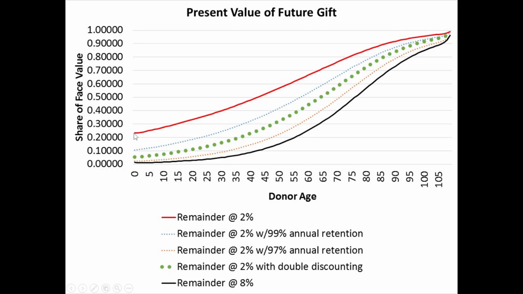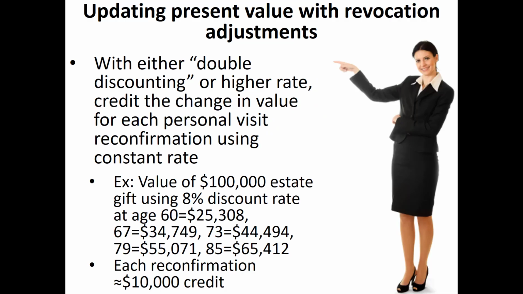So whether you decide just to use this value of an irrevocable gift, or you decide to use any of these other strategies that give you a lower value because of revocability that gradually converges to that value, one of the things that this allows you to do that I think is very useful is to update the present value of the gift with these revocation adjustments, even if for whatever reason you decide that you just want to value it as an irrevocable gift.